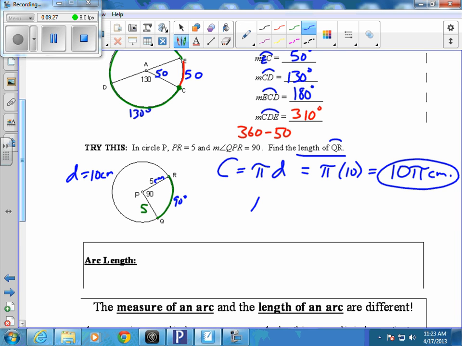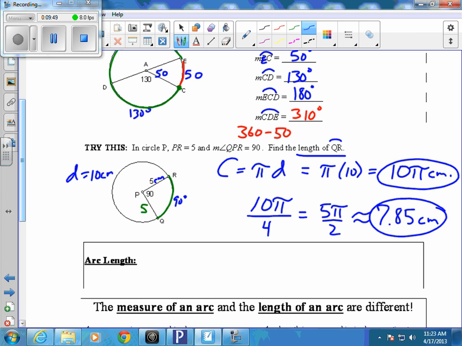We're going to take the total circumference and divide it by 4. So 10 pi over 4, an exact answer would be 5 pi over 2. Reduce your 10/4 to 5 halves, which is approximately 7.85 centimeters long, which makes sense in this case.